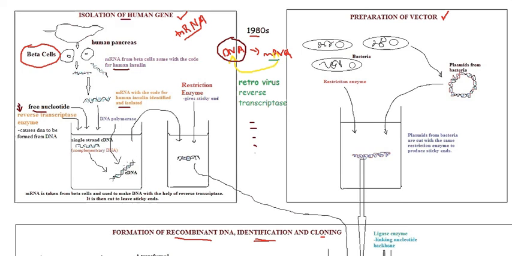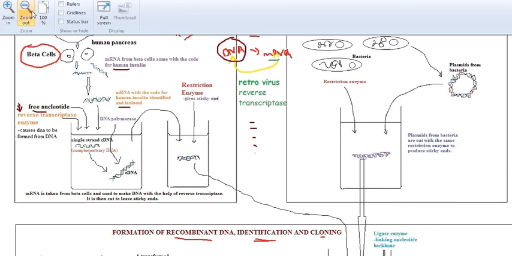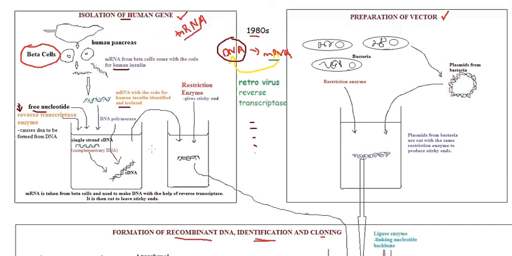Then this complementary DNA, the process does not end here. We take this complementary DNA all the way to this side. Here it did not have sticky ends, but now in the second case, this one has sticky ends.